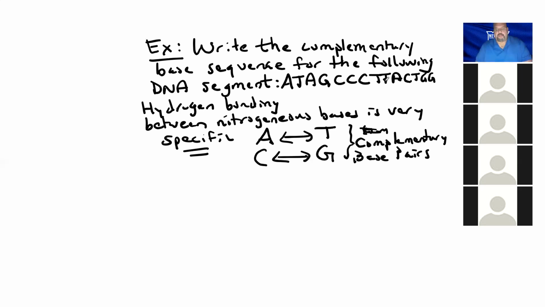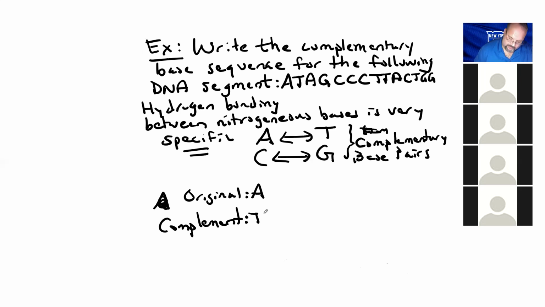What would be the complementary base sequence? So we'll do the original on the top, the complement on the bottom. If the original has adenine, your complement is going to have thymine.